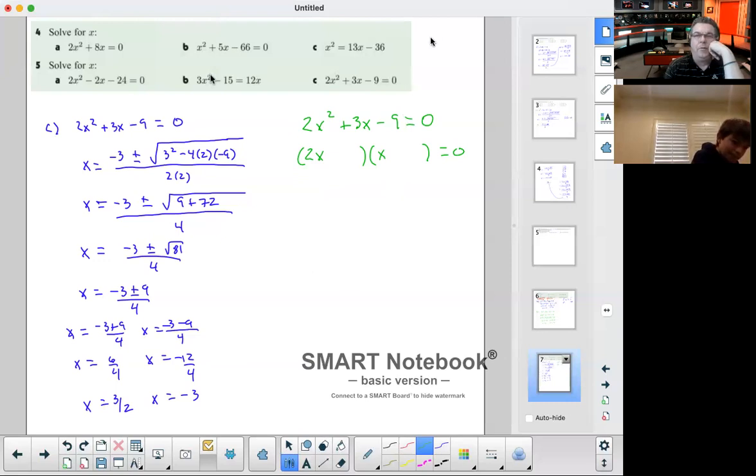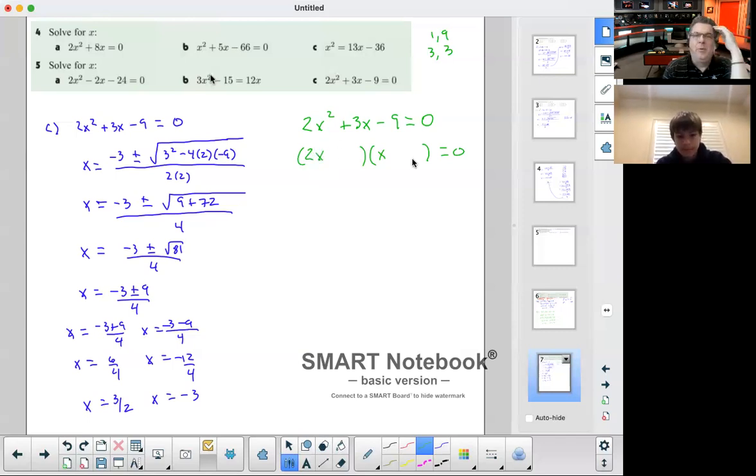So factors, my choices for 9 are 1 and 9, 3 and 3. I know the signs are going to be different. But since there's a 2 here, it's kind of like an experiment, because to get your middle term, I'm going to have to multiply one of them by 2.